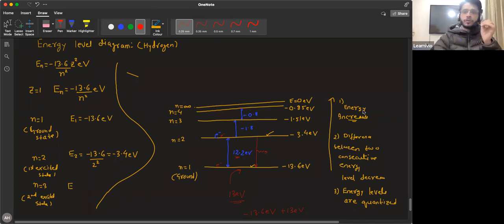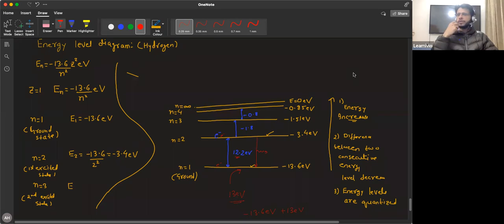Point number 4. An atom can absorb or emit only those energies. In the bracket, you can write frequencies.